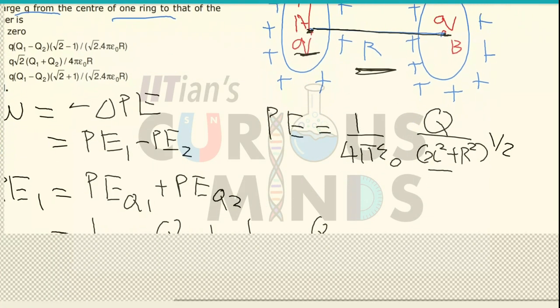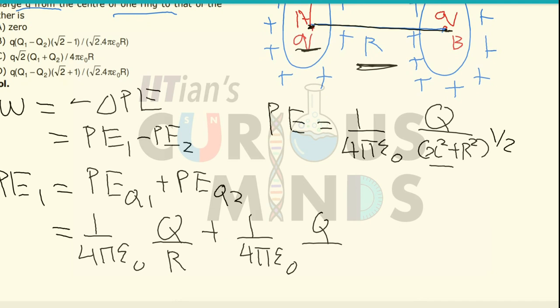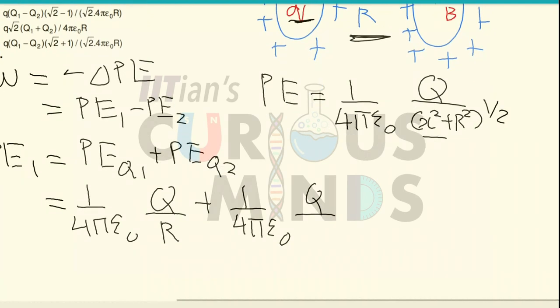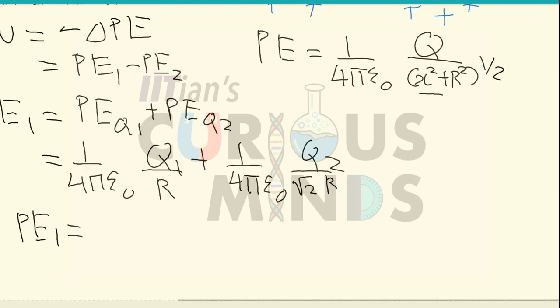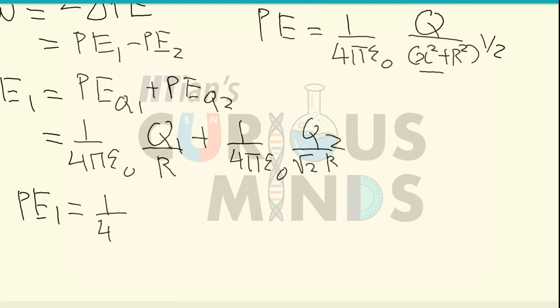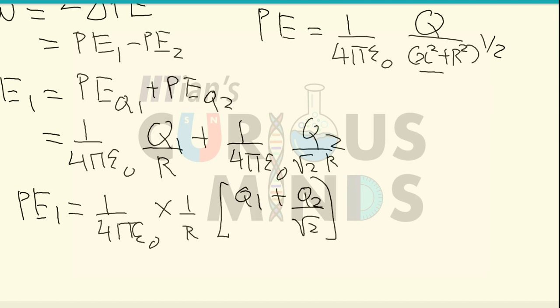So r square plus r square raised to half will be equal to root 2 r. So the potential energy in the first configuration, this is due to q1 and this is due to q2, will be equal to 1 by 4 pi epsilon naught into 1 by r into q1 plus q2 divided by root 2. This is the potential energy in the first case.